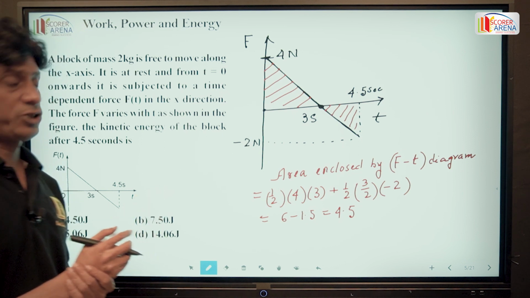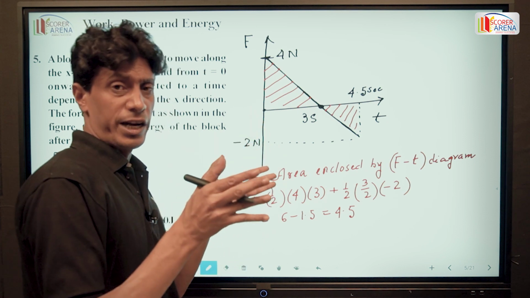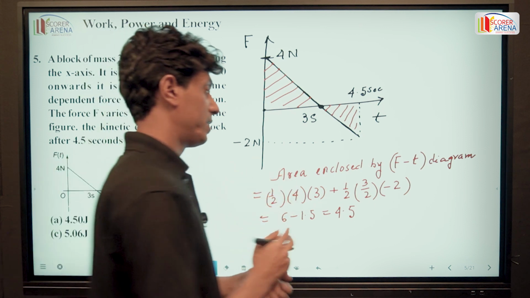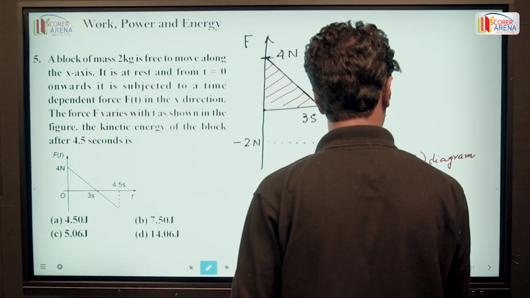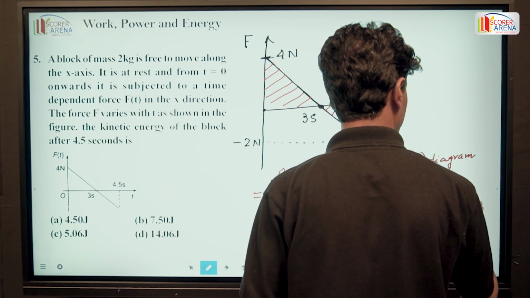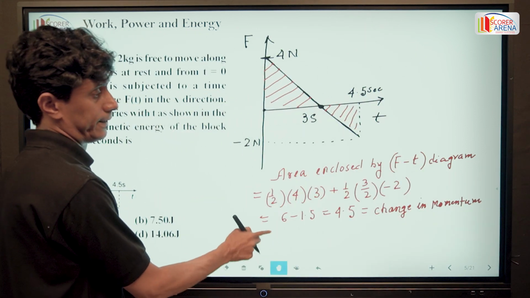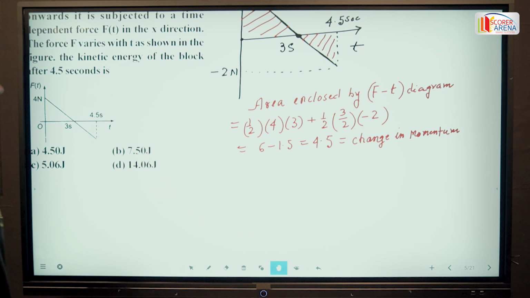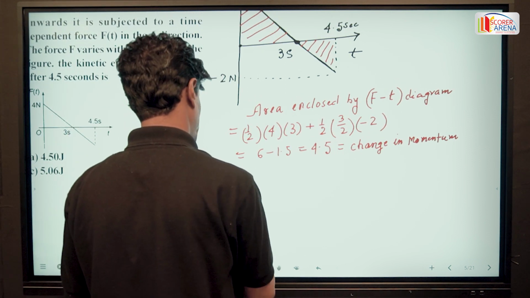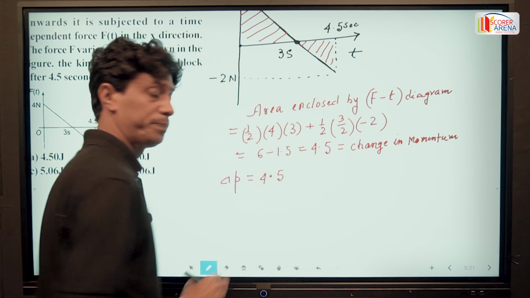This area actually represents force into change in time, that is, variable force into change in time. Variable force into change in time means change in momentum. And again we can say del P is equal to 4.5 from the calculation.